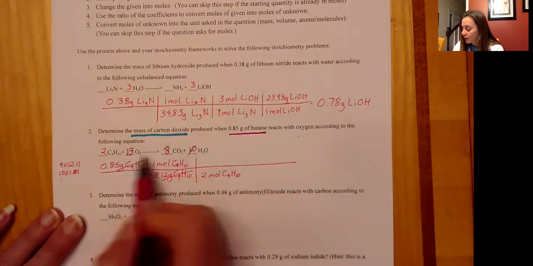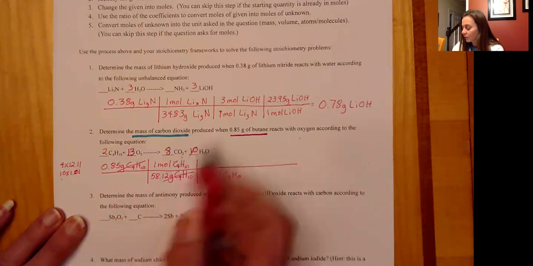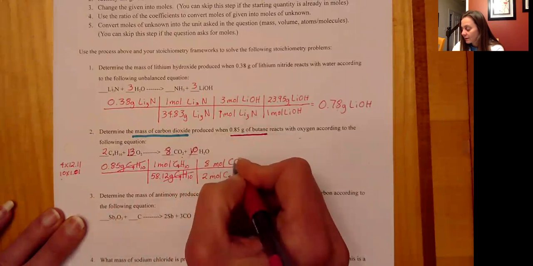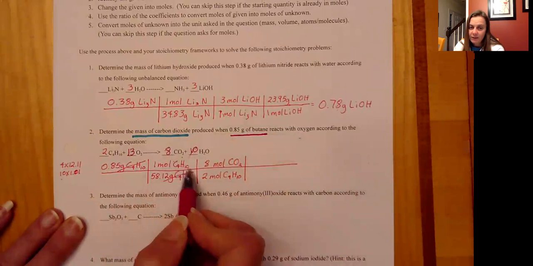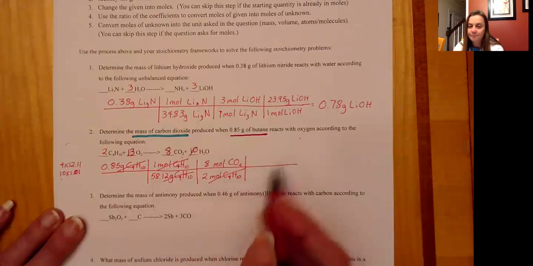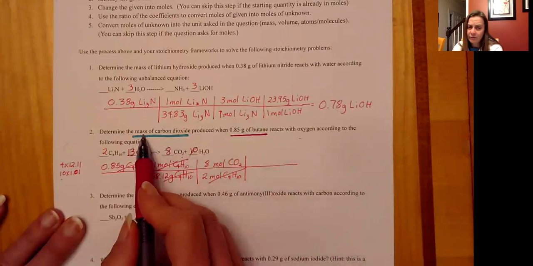And I want to change to carbon dioxide. So I look at my balanced chemical equation, 8 moles of carbon dioxide. And now the moles of butane on the top, moles of butane on the bottom, those 2 are going to cancel out. And now that I have moles of carbon dioxide, I'm asked to find mass of carbon dioxide.